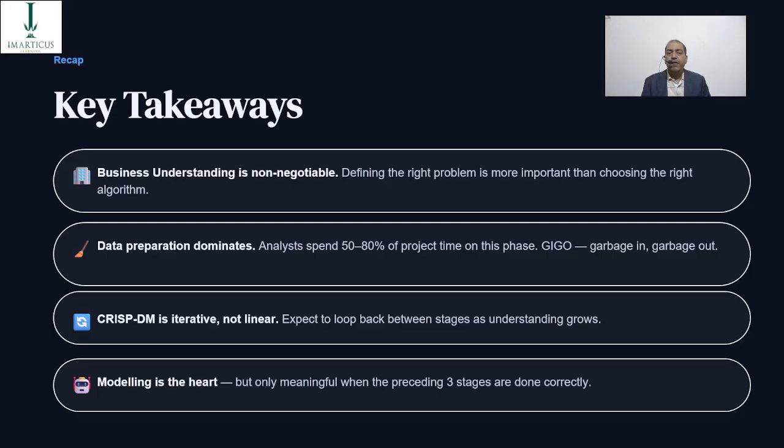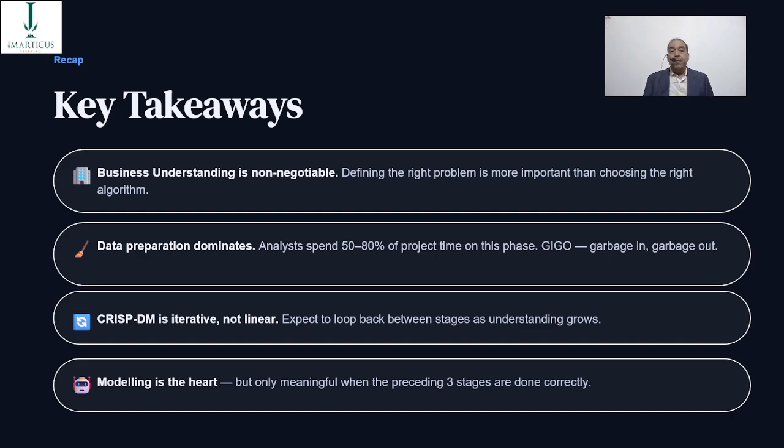What are the key takeaways? What can we understand from this? The summary is that business understanding is non-negotiable. It is the starting point. Defining the right problem is more important than choosing the right algorithm, because if you don't understand the business and don't identify the problem, the algorithms that you select will be wrong and the output that you get will be wrong.